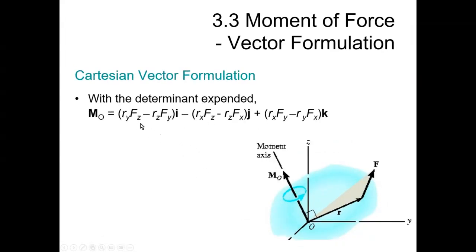This relationship is a little bit difficult to memorize, but I suggest in the exam you use this formula. Why do I say that? Because the exam is open book, and if you have access to this formula, all the signs are decided for you and you don't have to worry about the signs.